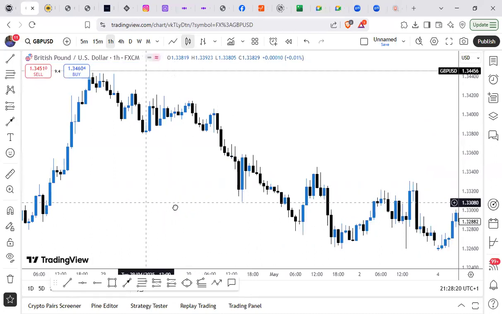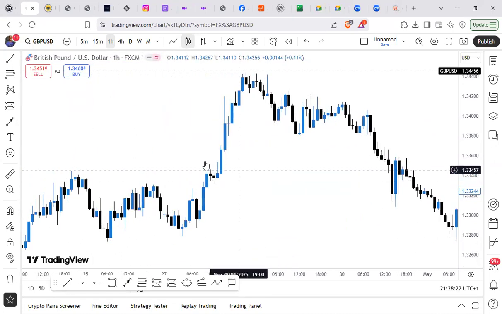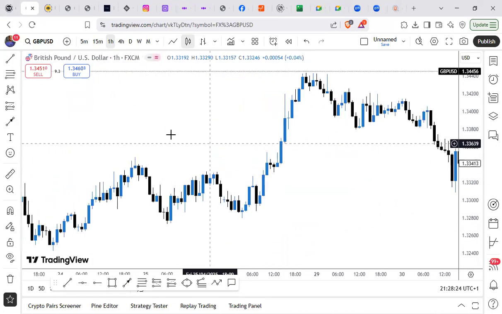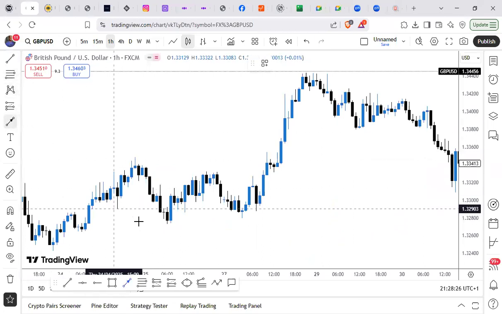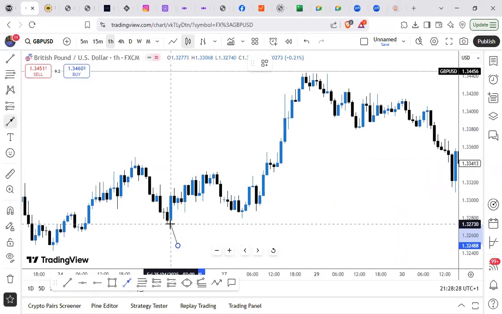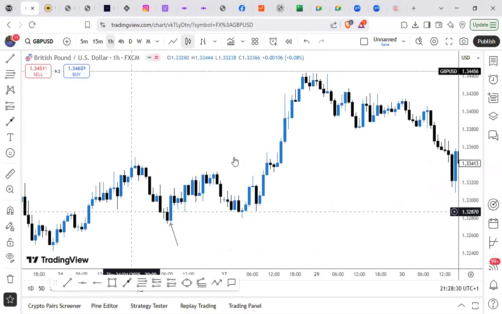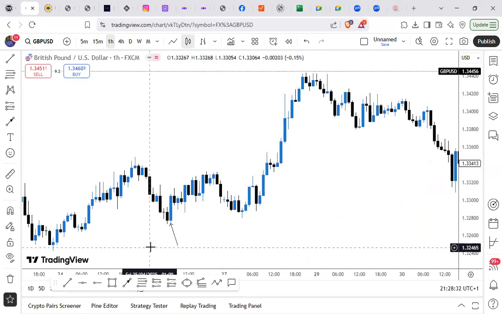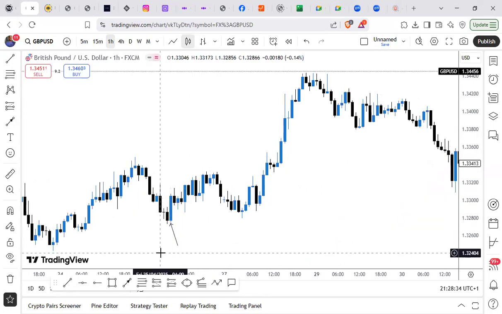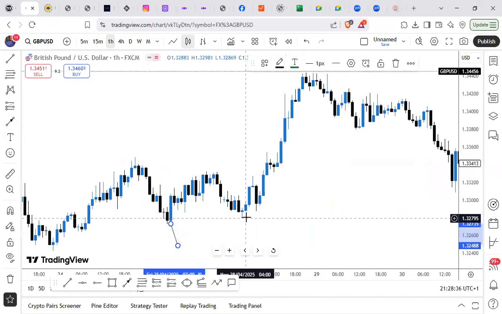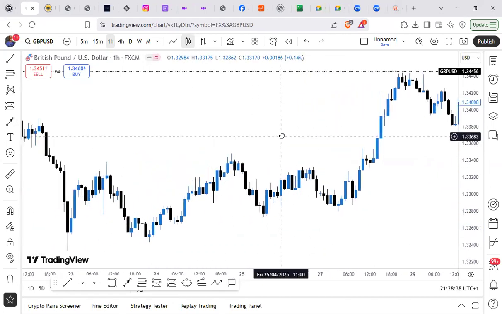I'm going to show you how to apply all these when we go into support and resistance and chart patterns. What is this one here? Bullish engulfing. Good.